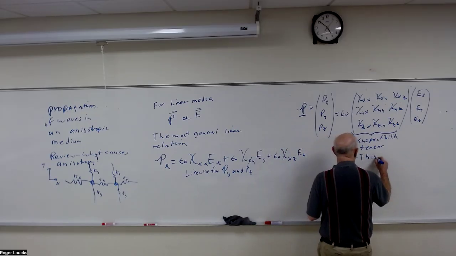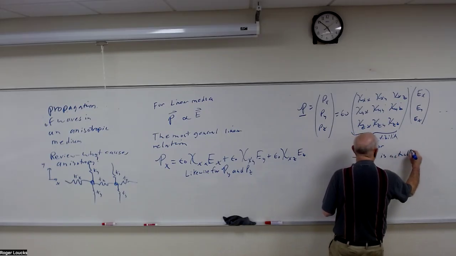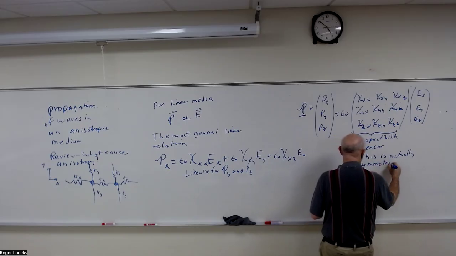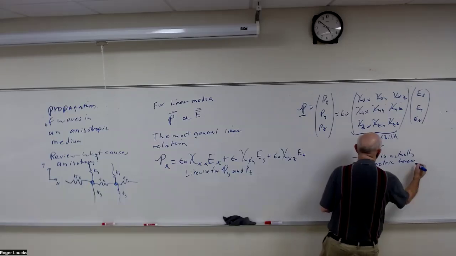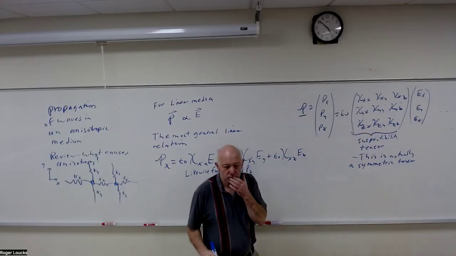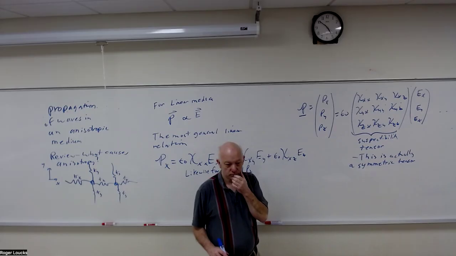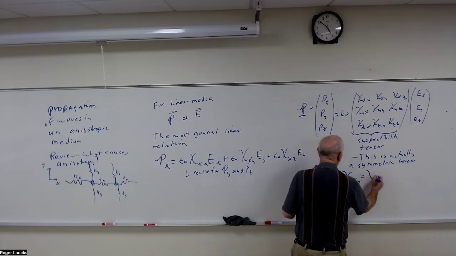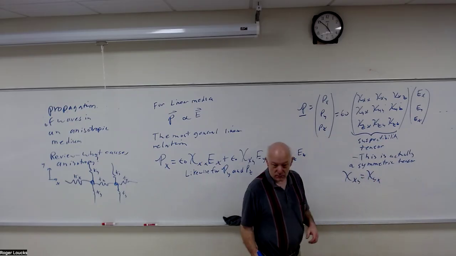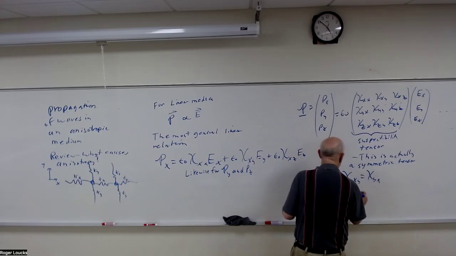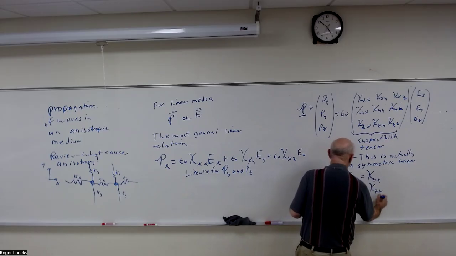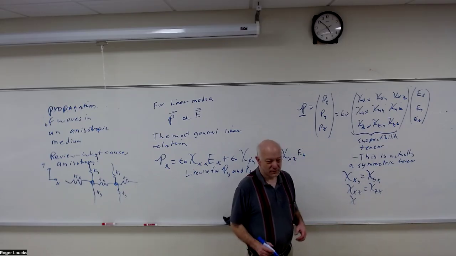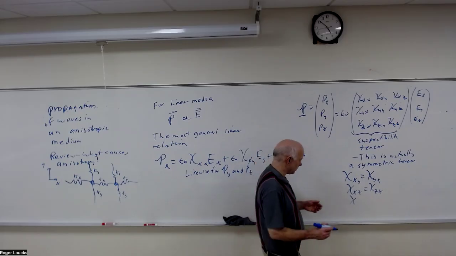This is a symmetric tensor. What does that mean? It means that chi xy equals chi yx, chi xz equals chi zx, and chi yz equals chi zy.